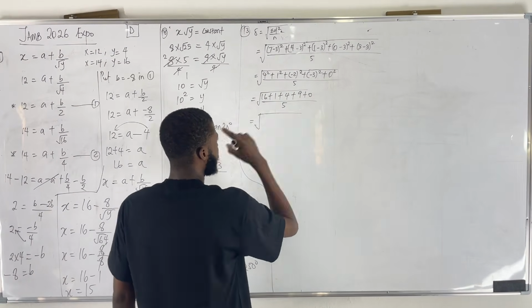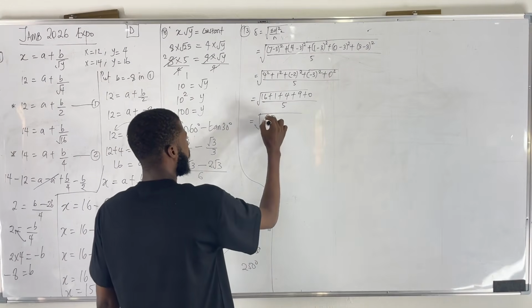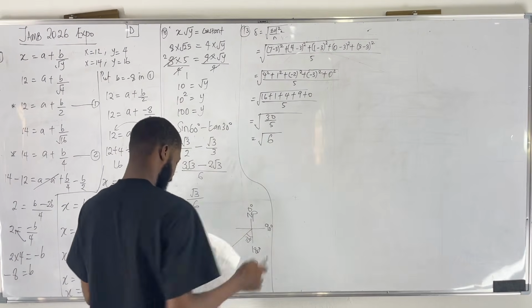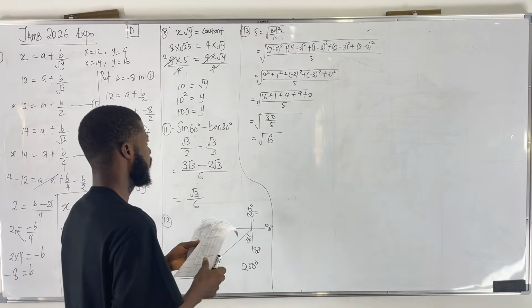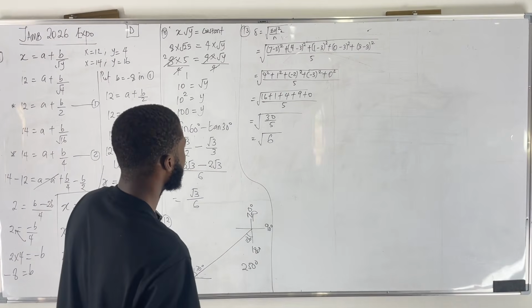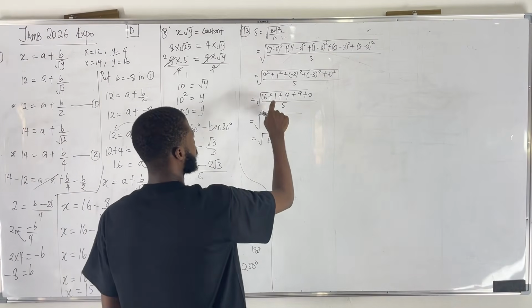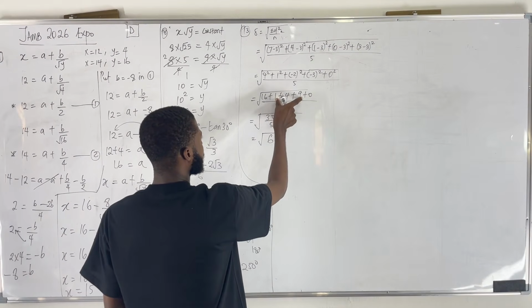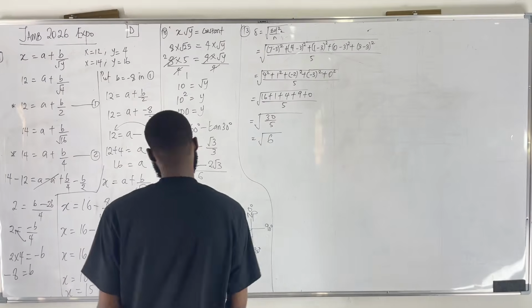Now this will be the square root of 30 over 5. So this is the square root of 6, and I would have to take a calculator for that. But let me just check if it's truly 30, yeah, it's 30.